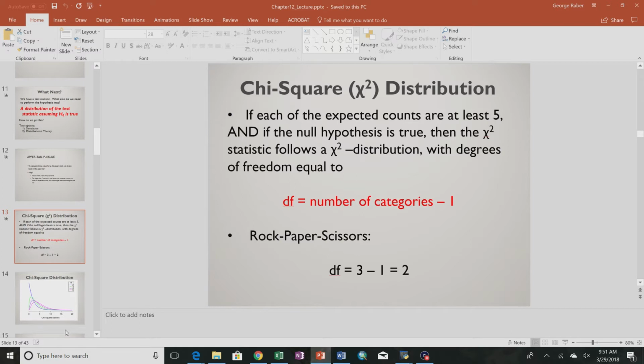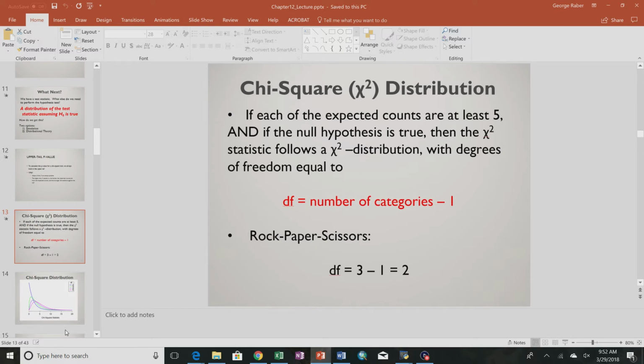The degrees of freedom is the number of categories minus 1, and that's true as long as there are at least 5 expected counts. So you should only use this test if there are at least 5 in each count.